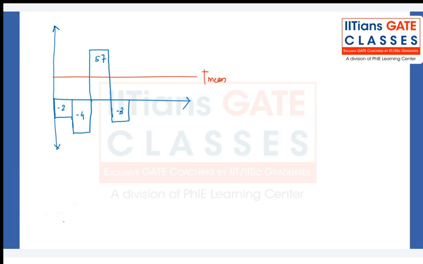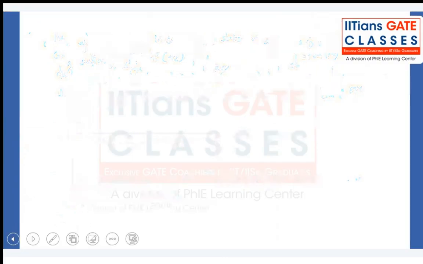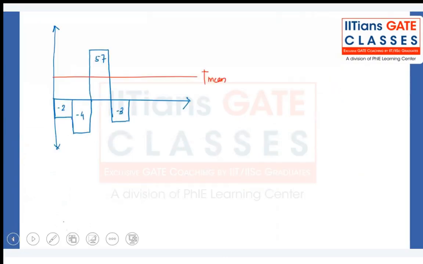This is the given diagram. Now, what they are asking is the constant torque. Before we jump into the torque calculations, what is the work done? First calculate the work done and then divide by 4 pi, because this is pi, this is 2 pi, 3 pi, and 4 pi.